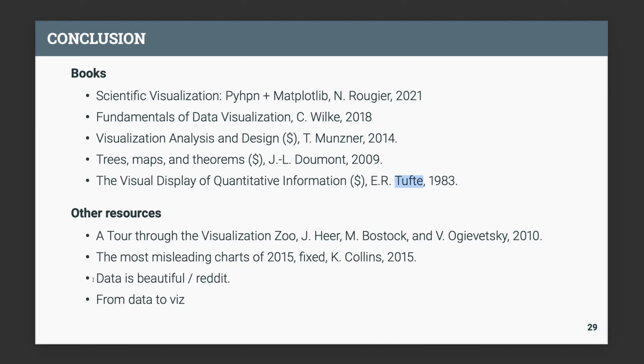If you're interested, there is r/dataisbeautiful on Reddit, where you have stunning graphics. This one is funny: it's one of the worst graphics you can produce. And this one is about D3.js, which is a very popular JavaScript library for doing a lot of visualization online.